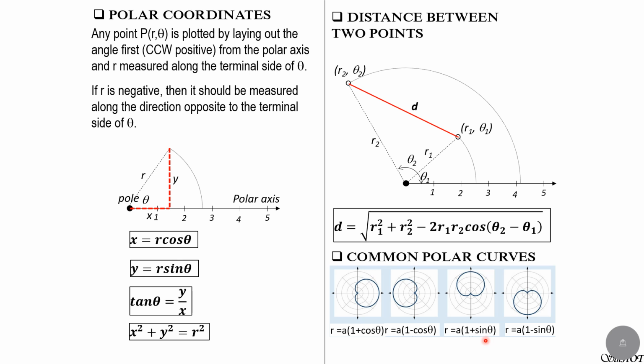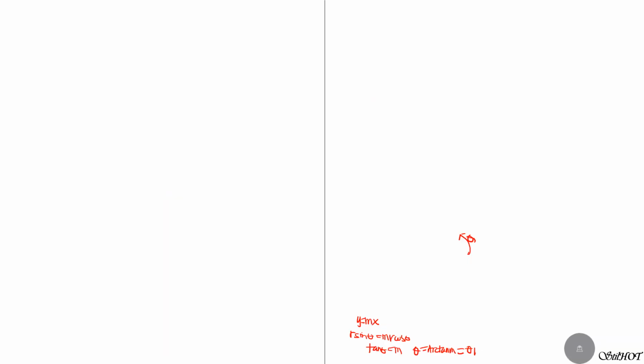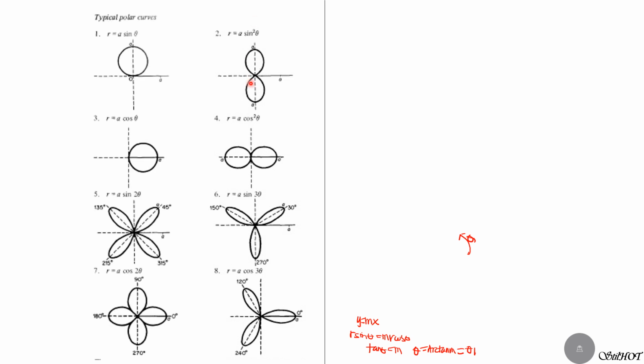So that's the graph. For other polar curves and Cartesian curves, this is r equals a sine theta, which is a circle of diameter a.